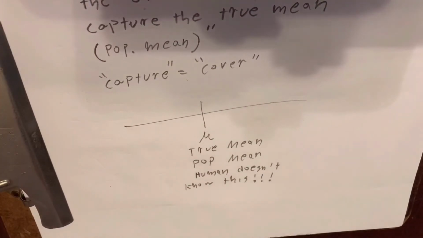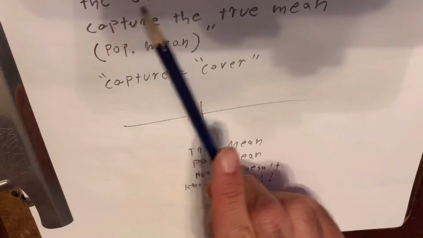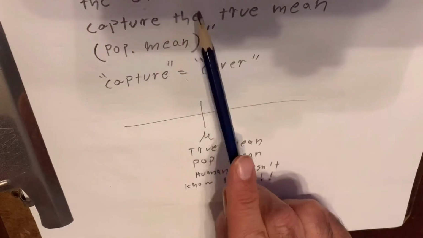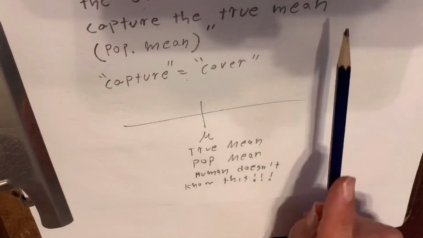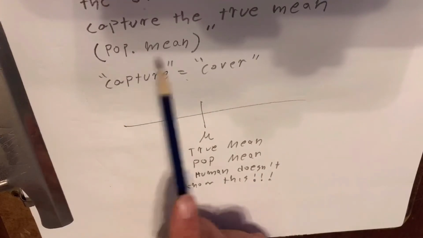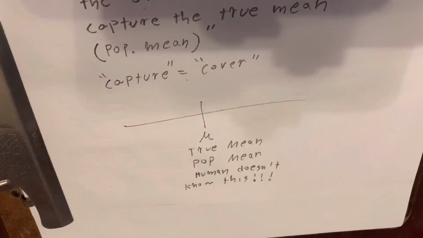That's the correct interpretation for full credit. I would memorize it this way and say it this way on a test. There's a 95% probability that the aforementioned confidence interval will capture the true mean. And you can put in parentheses, population mean, so that your professor knows that you know that the true mean is also called the population mean.